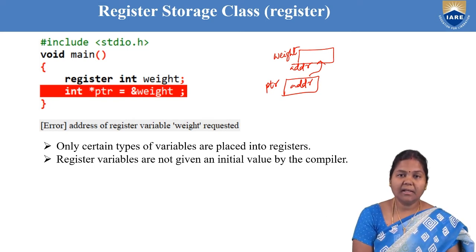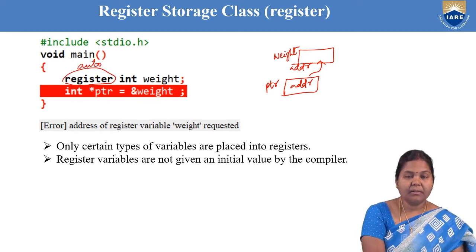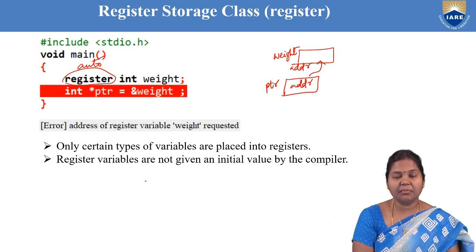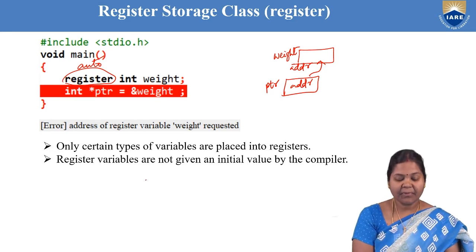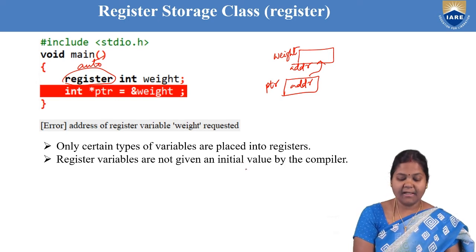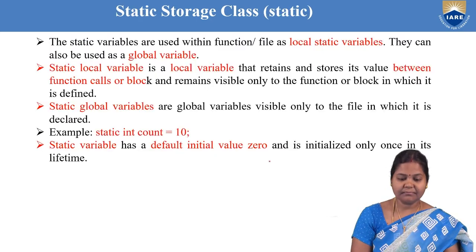If it were automatic instead of register, then no problem: memory will be assigned, a memory address will be there for the variable weight, and we can get the address easily. But whenever it is register type, then a register address is requested. So only certain types of variables are placed into registers, and register variables are not given any initial value by the compiler. That's why we treat it as garbage.